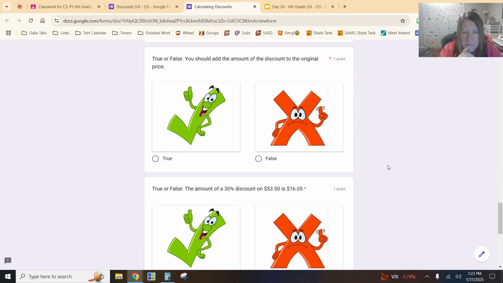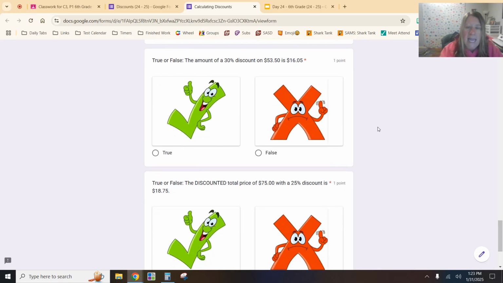True and false. You should add the amount of a discount to the original price. Did we add anything here? Just saying. Should be false. All right. Then you're going to figure out if these are correct. So the amount of a 30% discount on $53.50 is $16.05.